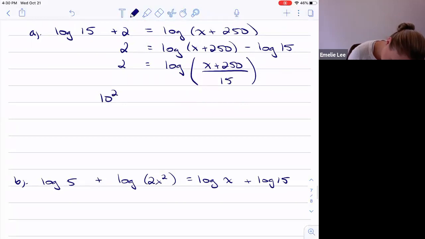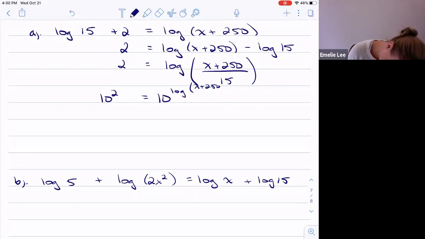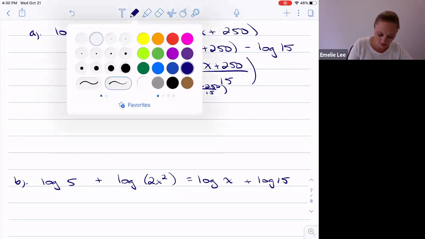So 10 to the power of 2 is equal to 10 to the power of the log of x plus 250 divided by 15, and that's all inside the log. I made it kind of messy there, but it's the same as above. This 10 to the power of log base 10, the base 10 is hidden, but it's there. These are essentially going to cancel.